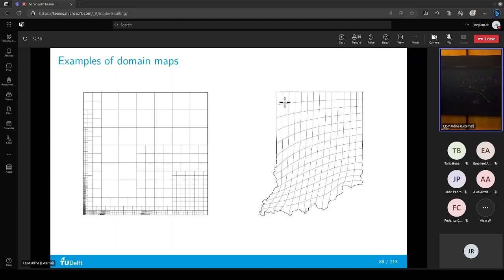Okay, no, we have to do it differently. This would work, right? 1, 2, 3, 4. And then same here. 1, 2, 3, 4, 1, 2, 3, 4, like this.